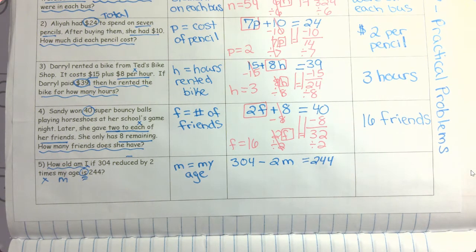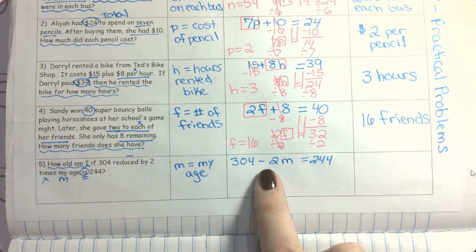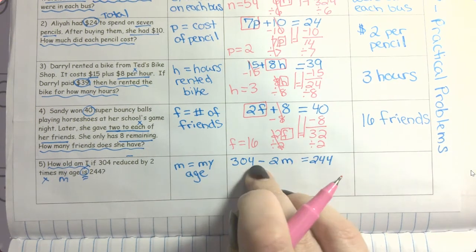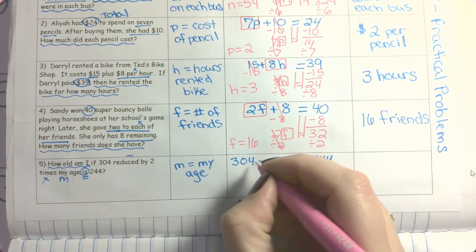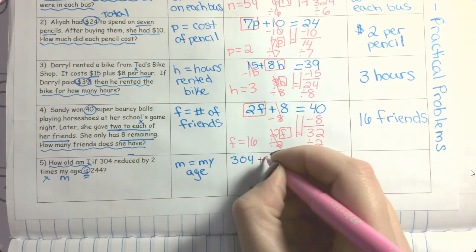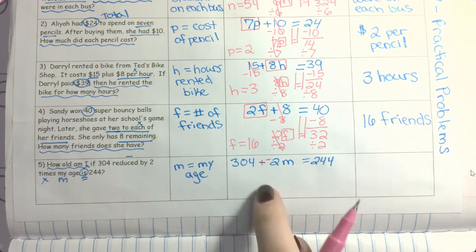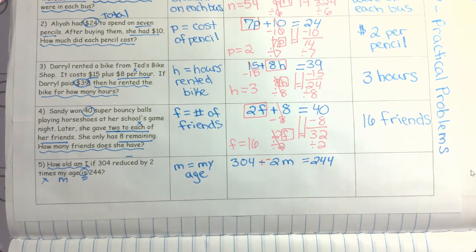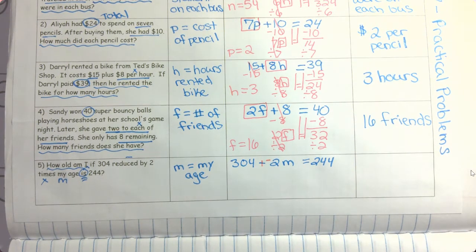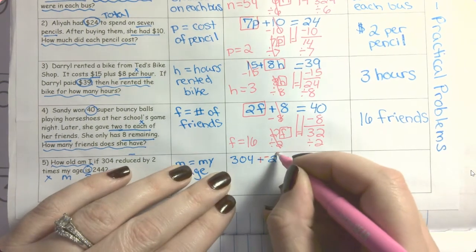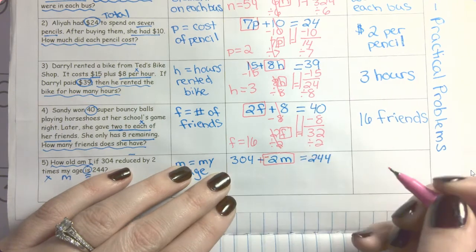Now at this point, I have an equation to solve, but you'll also notice that I'm subtracting my variable here. So you need to be careful. I want to rewrite this so that this is an addition problem. So if you want, you can just turn this into a plus sign and then throw your negative sign in front of the 2m. So 304 minus 2m is the same as 304 plus negative 2m. So this way, when I box in my variable and what's with it, I'm boxing in the negative 2m.